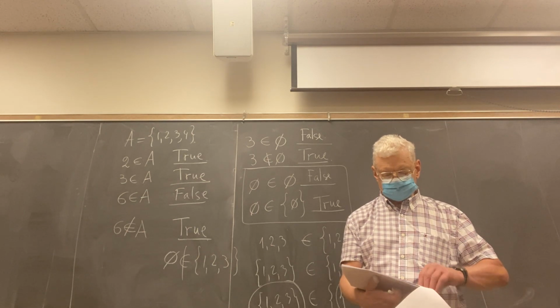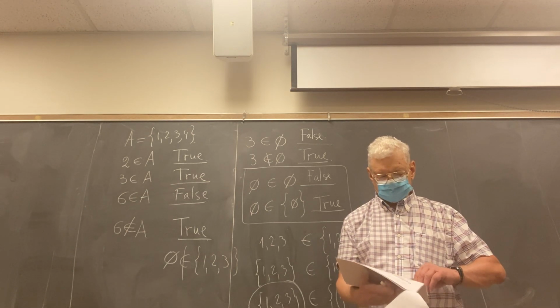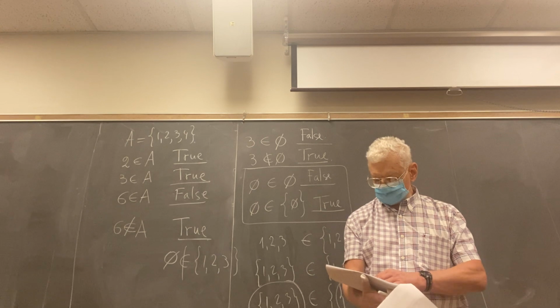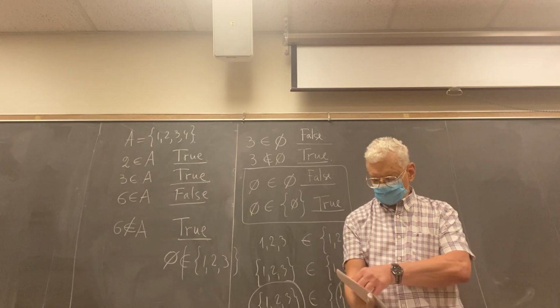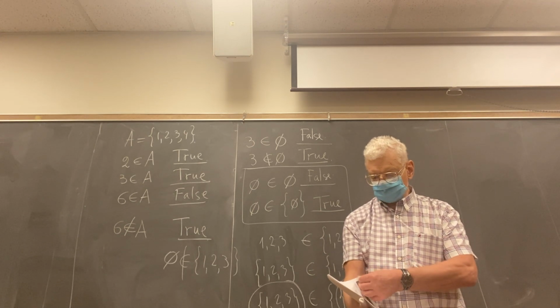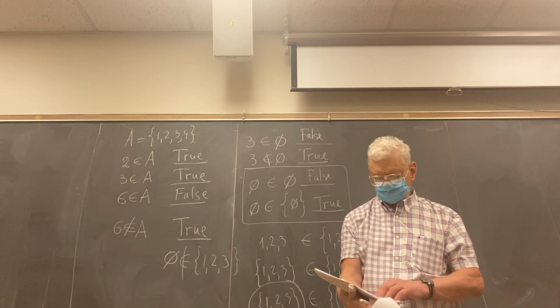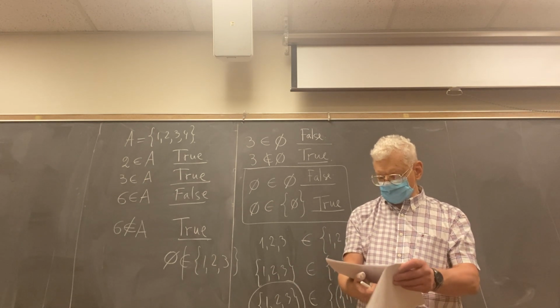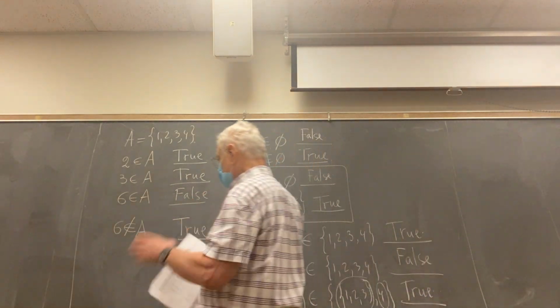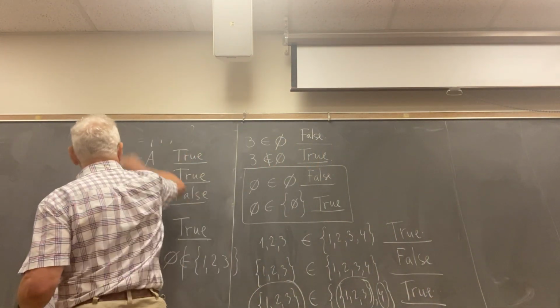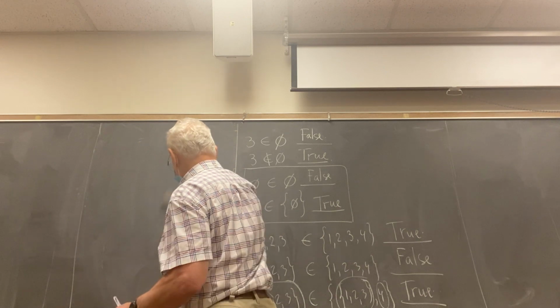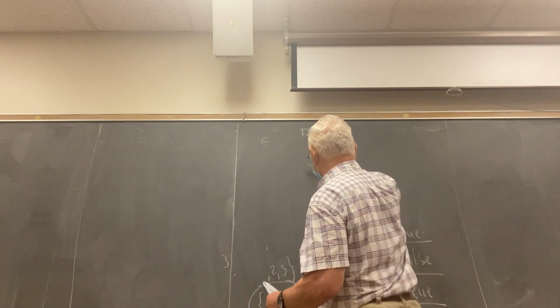Okay, so set numbers. Cardinality is on page 10. You see, I did this a little bit different way. If you look at page 11, let's make some small exercises on page 11.